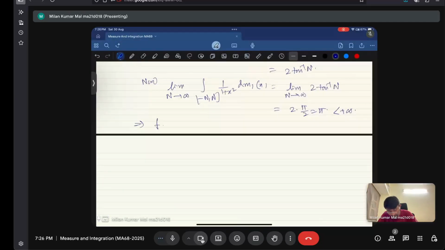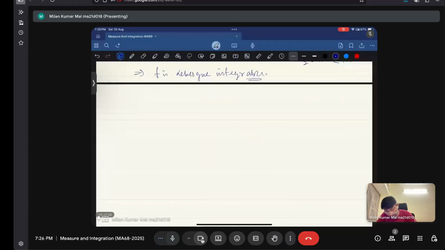Similarly, one can prove that the second one is also integrable.